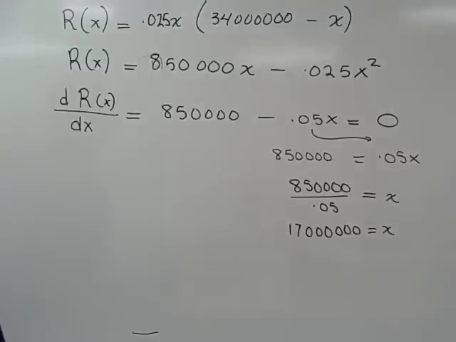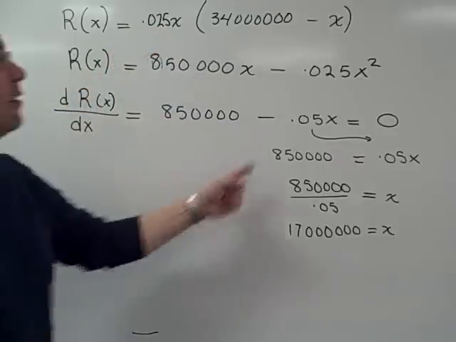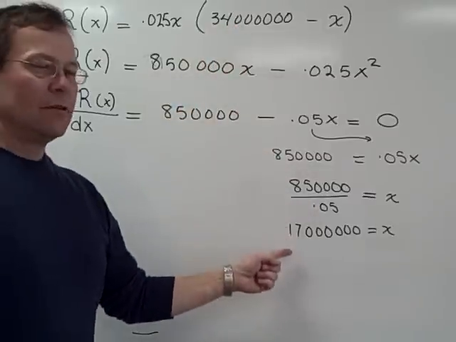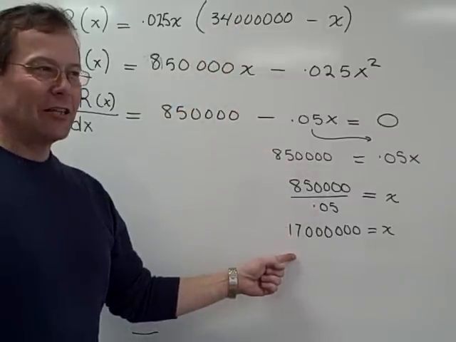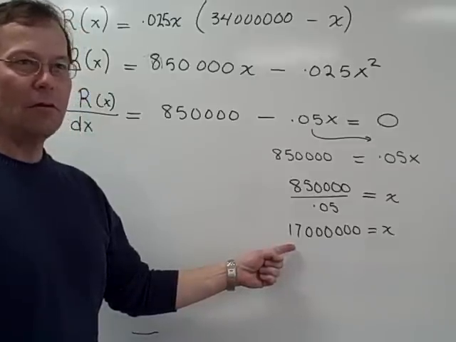Okay, with this particular transmissibility number right here, the one we picked, we started out with a 34 million population. This is telling us that the peak incidence is going to occur at 17 million, right? Halfway through.